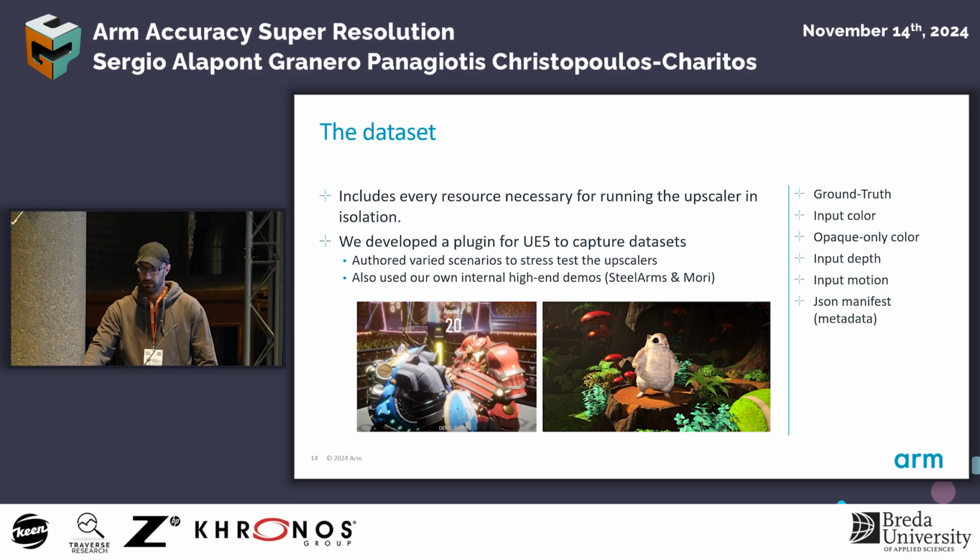To gather the datasets, we developed an Unreal 5 plugin that captures and dumps the data into the disk. We also created various scenarios that can stress test the upscalers. And we also used our internal demos as testbeds, Steel Arms and Mori. And you can see them in the screenshots there.